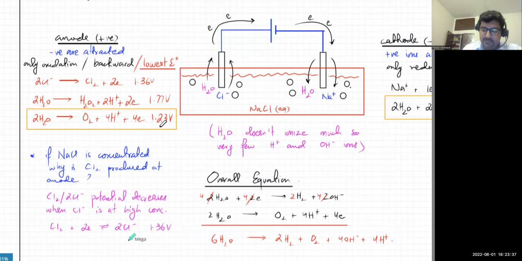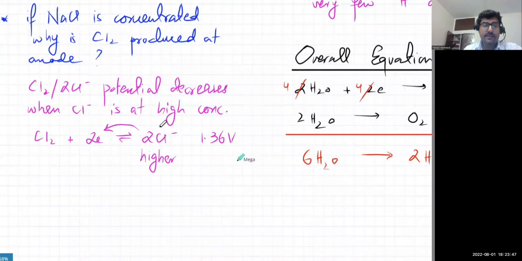If you take Cl minus 1 at a higher concentration, the equilibrium would shift backwards. It's going to produce a lot of electrons, and the potential will decrease. So let's say we decrease, okay, it becomes 1.15 volts.